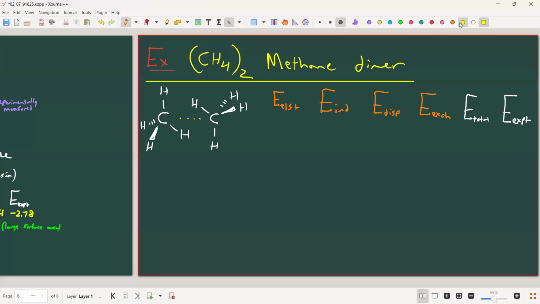These are very poorly polarizable molecules, so the electrostatic interaction is basically negligible. The induction is even more negligible. Remember, we discussed that in general, induction is a smaller effect than electrostatics, so naturally it's smaller by a factor of 6. It's basically 0. My error is actually higher than this value, but we'll just write it down for now.